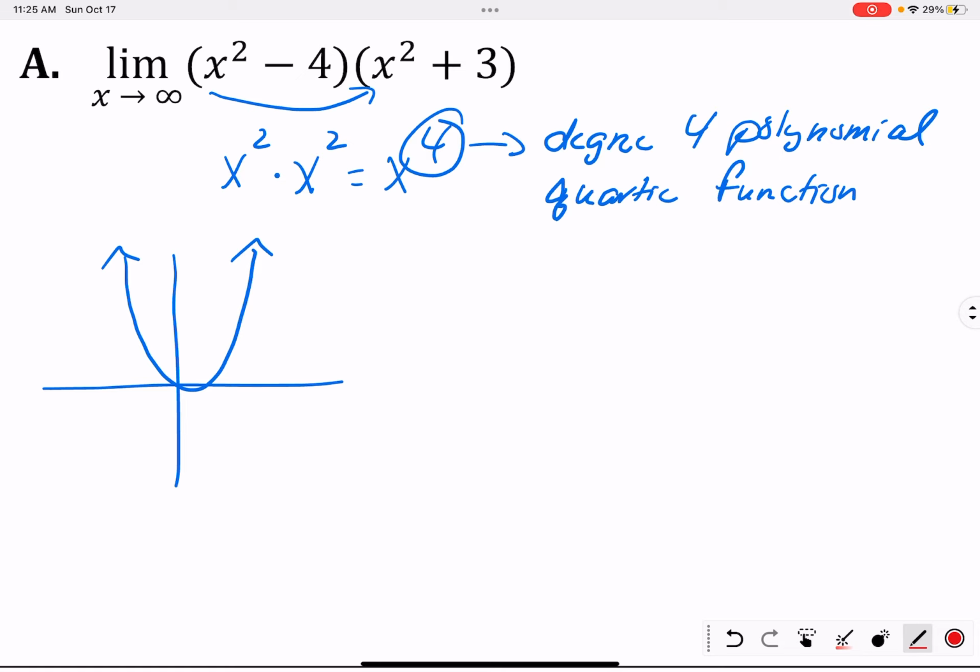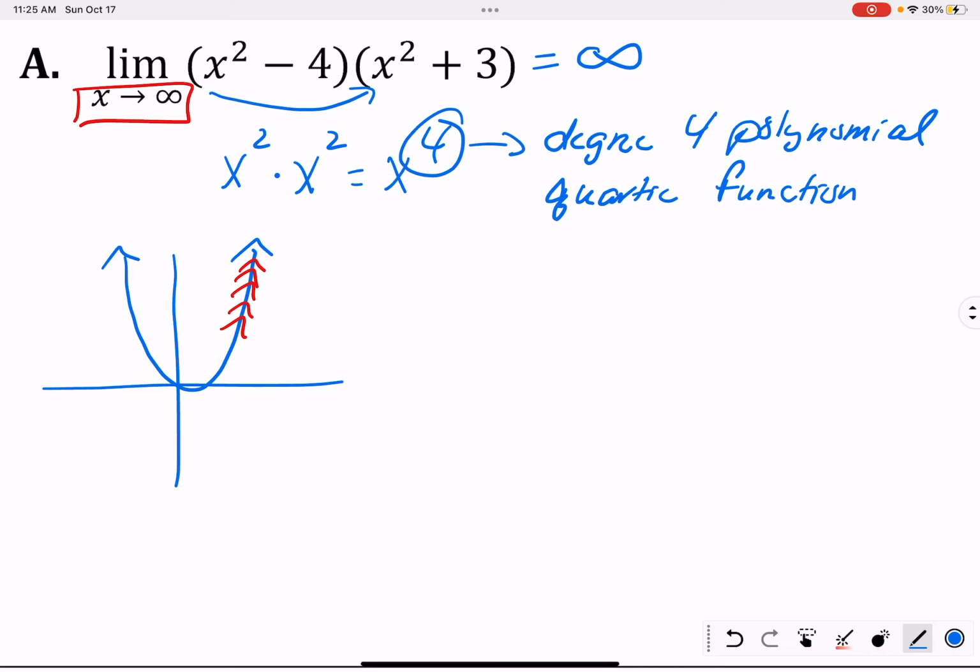So this is going to be going to positive infinity in both directions. All right, it's going to be rising on the left and the right. All right, so we're only looking in this particular case at infinity, so we know it's going to be shooting to positive infinity there. All right, so we have to kind of analyze this graphically. All right, so the limit would equal positive infinity.